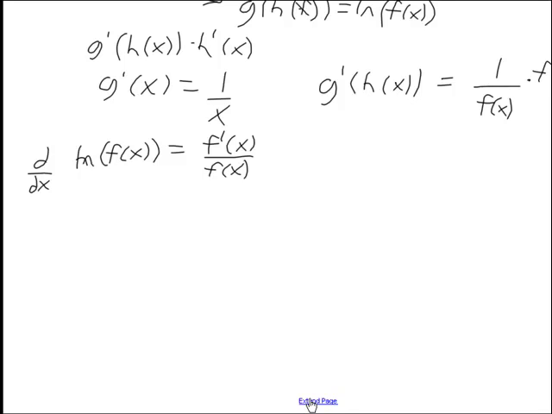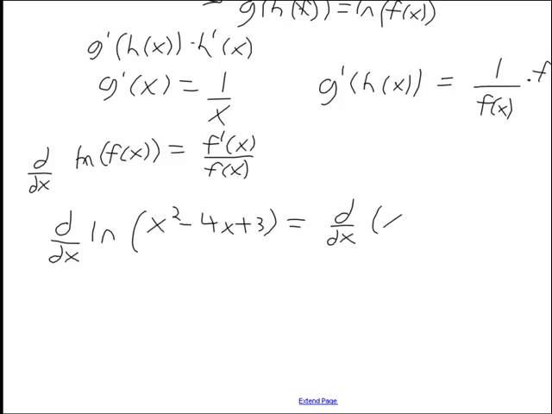So let me give a concrete example to make that a little clearer. If we have the derivative with respect to x of the natural log of x squared minus 4x plus 3, that derivative is equal to the derivative of x squared minus 4x plus 3 divided by x squared minus 4x plus 3.